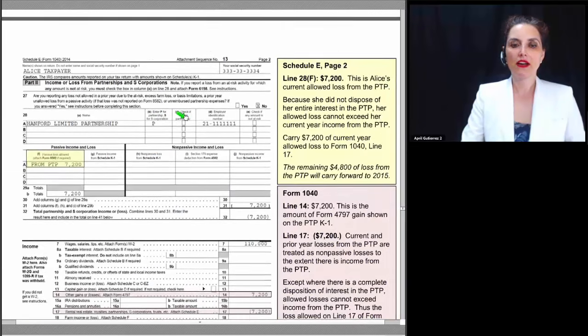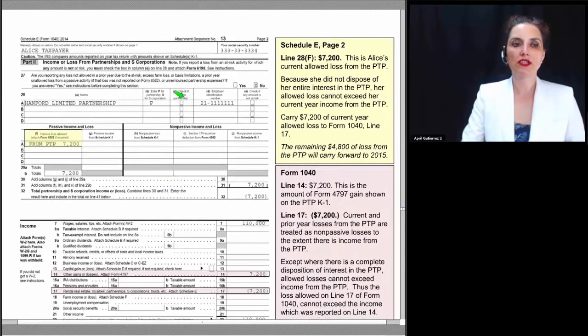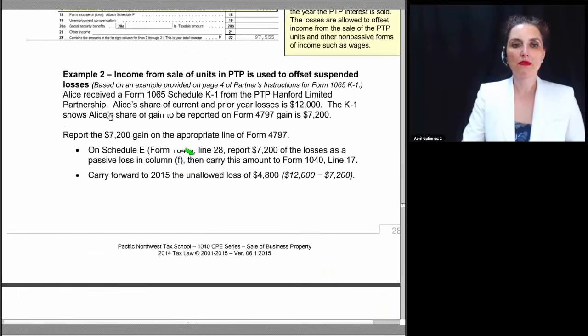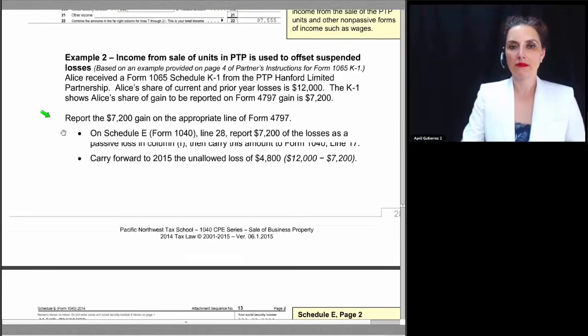So we're going to move on now to the Schedule E, page 2. And on Schedule E, page 2, we show that we have a loss from a publicly traded partnership of $7,200. And that loss is less than the total losses we have, but it is equal to the income. Up here in the wording, we say we have $7,200 of income for the year. Alice's share of the prior year losses is $12,000, but she has a gain to be reported on 4797 of $7,200.